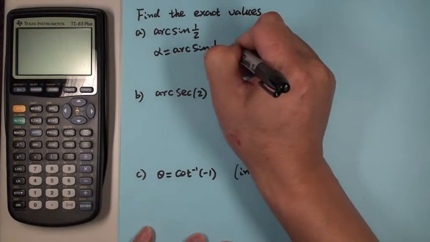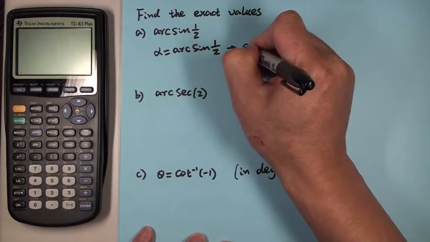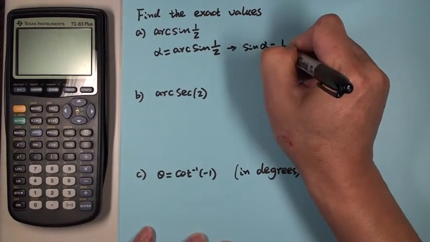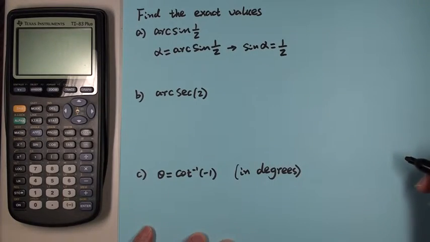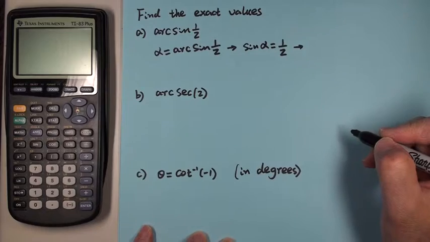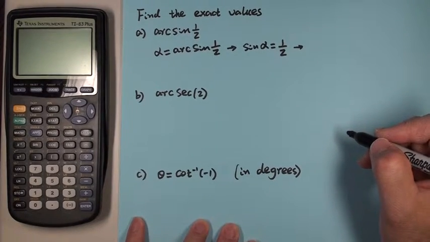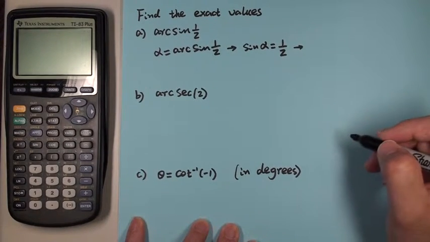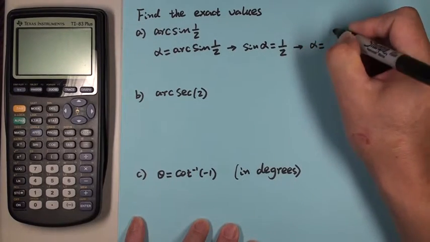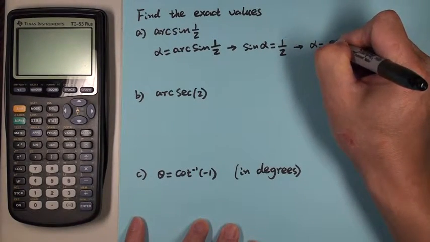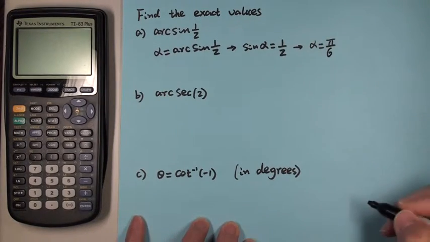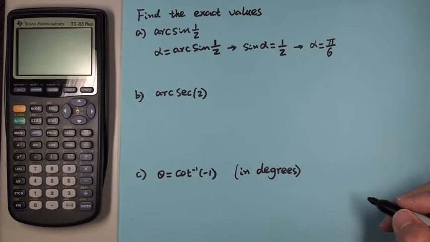Then of course sine alpha will be 1/2. We know that sine 30 degrees is 1/2, or you may write alpha equals pi over 6. Pi over 6 is 30 degrees.